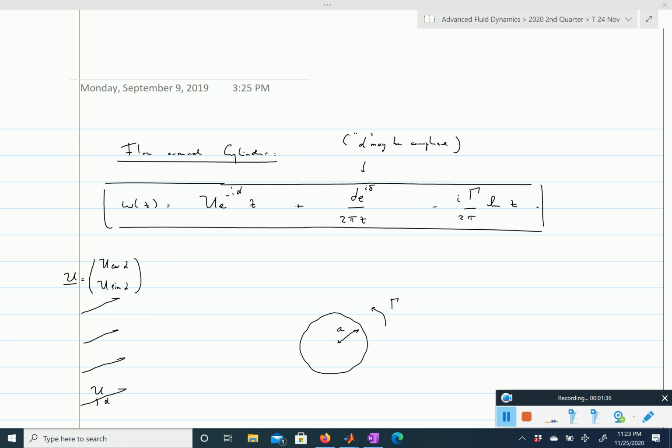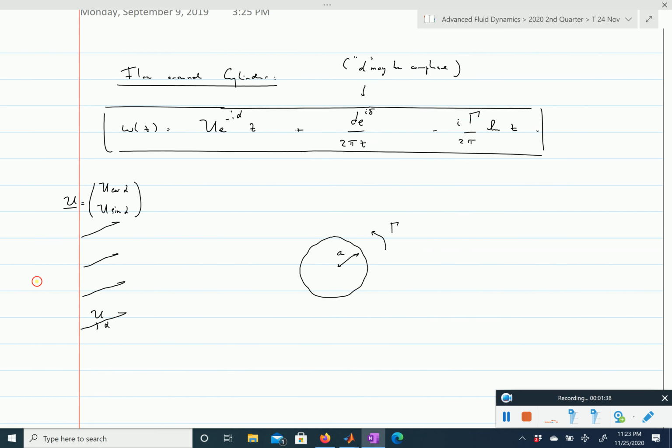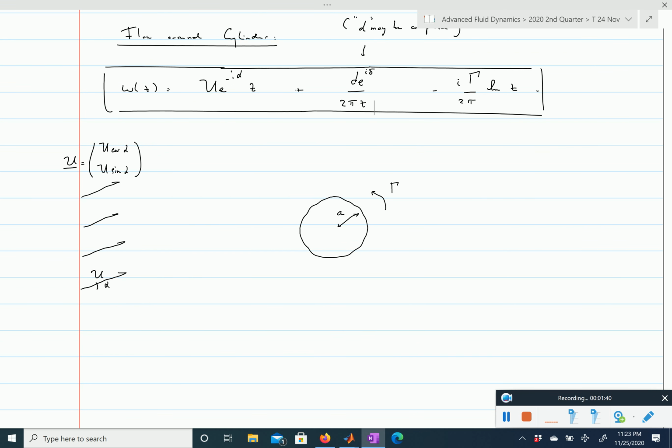So as discussed last Tuesday, now we have to impose the right boundary condition, which is a no penetration boundary condition at the surface of the cylinder.